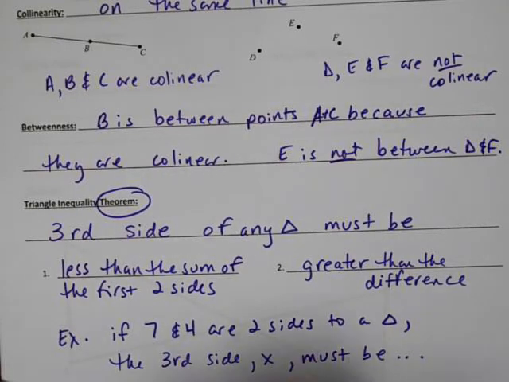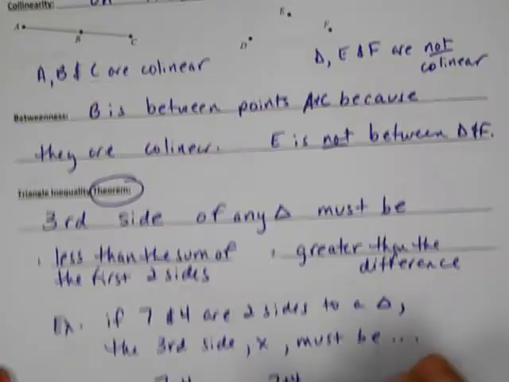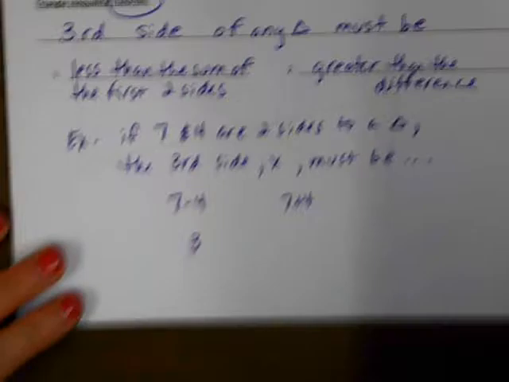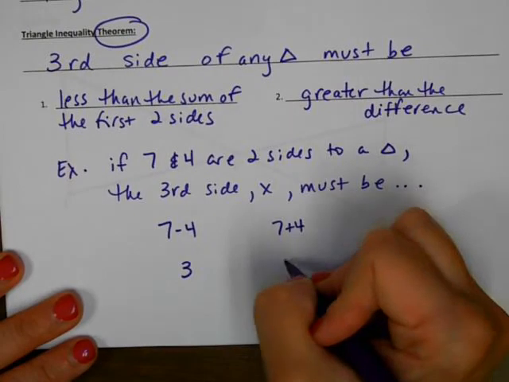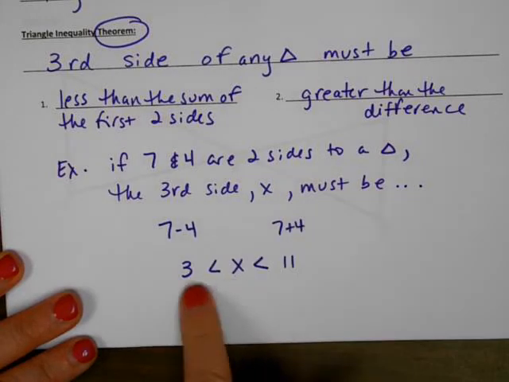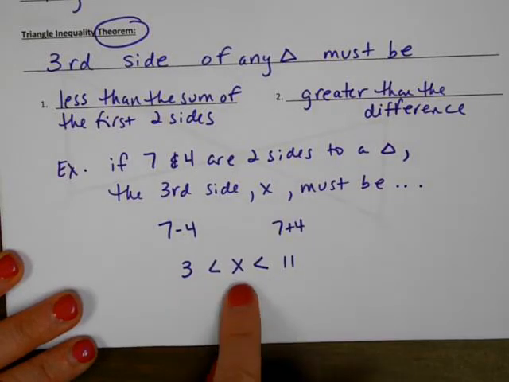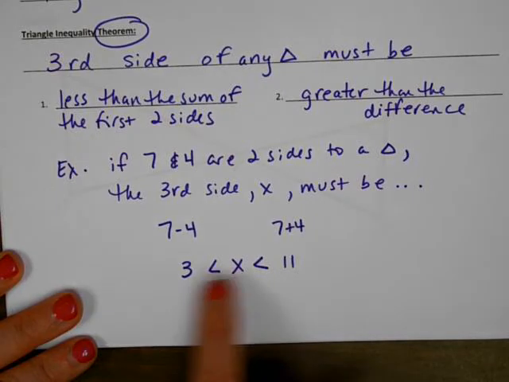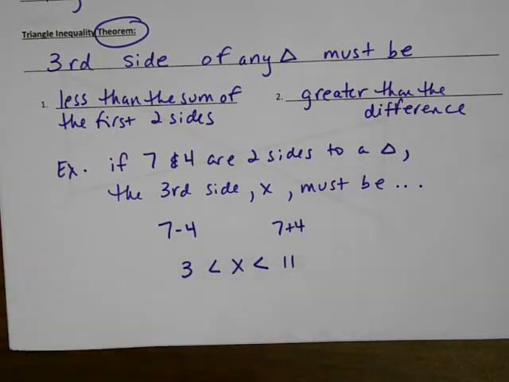Well, you can do 7 minus 4 is 3, and 7 plus 4 is 11. Sorry, you can't see everything. There we go. So X must be greater than 3 and less than 11. So less than the sum, greater than the difference.